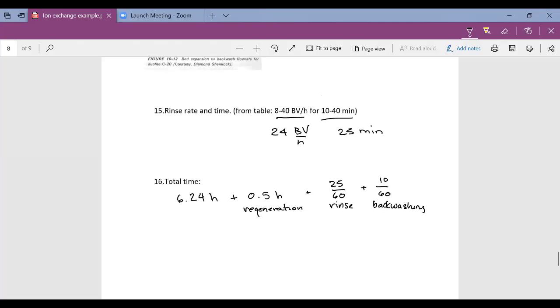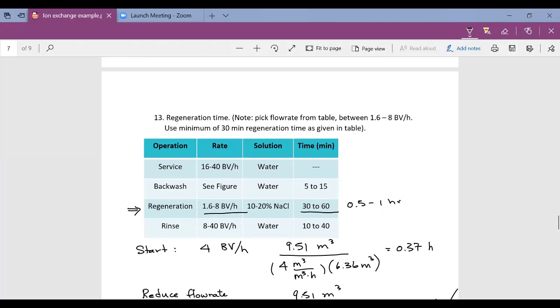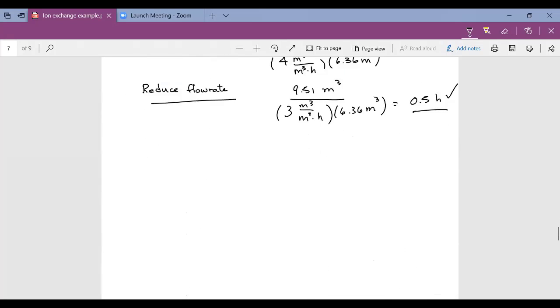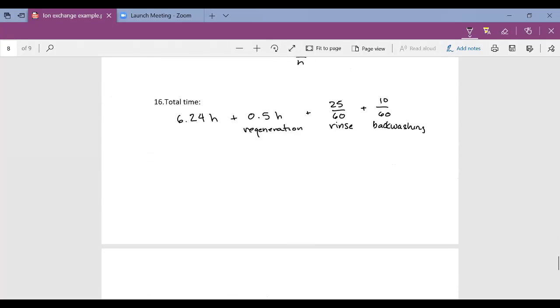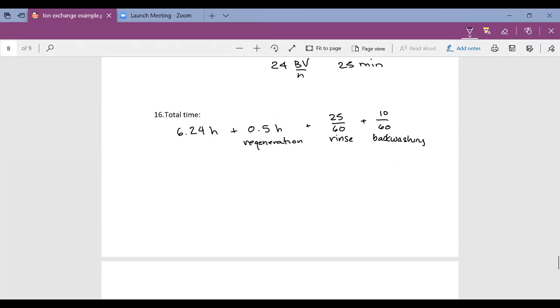And that was again based on the data here. So the backwashing said between 5 to 15. So let's just pick the midpoint. So we'll use 10 minutes for backwashing. So this total service time, including regeneration, rinsing, and backwashing, is 7.3 hours.